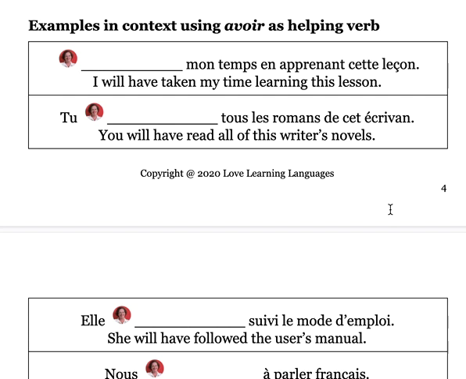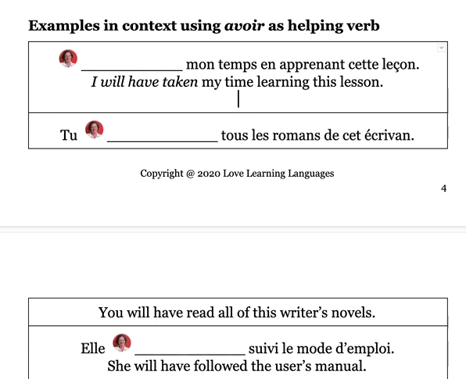Avoir is going to be our helping verb. So I will have taken my time learning this lesson. Okay, so we're going to use the verb prendre, right? And we know we use avoir. Your past participle is pris, right?